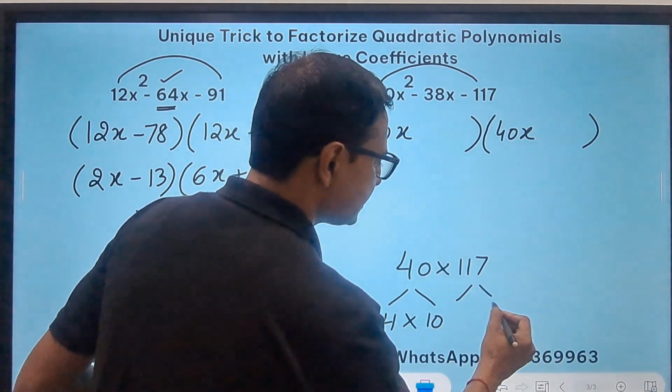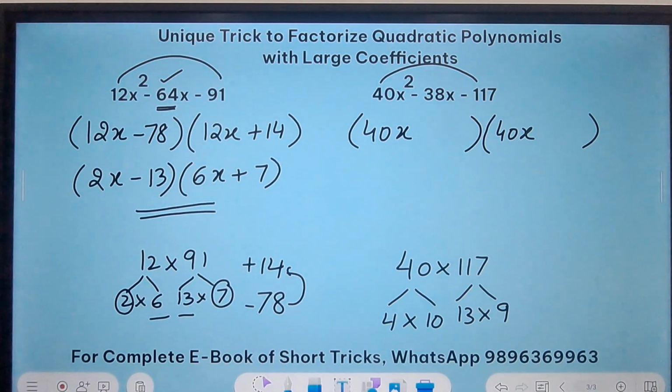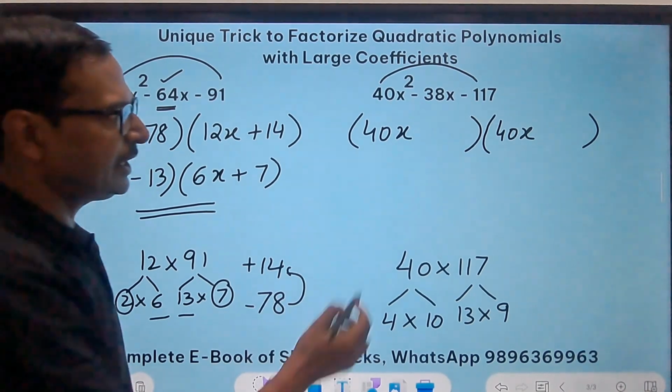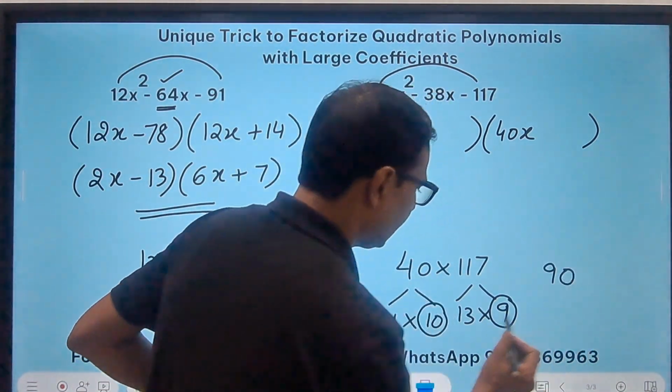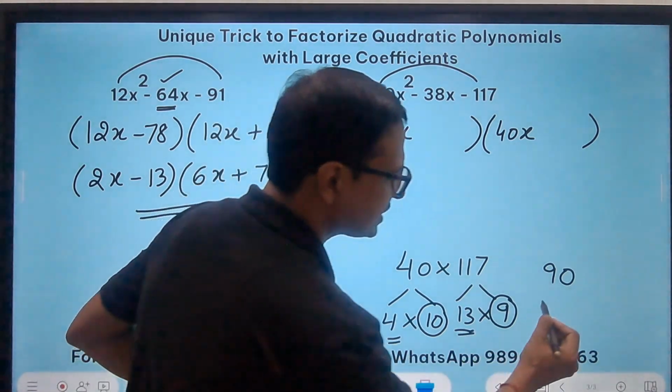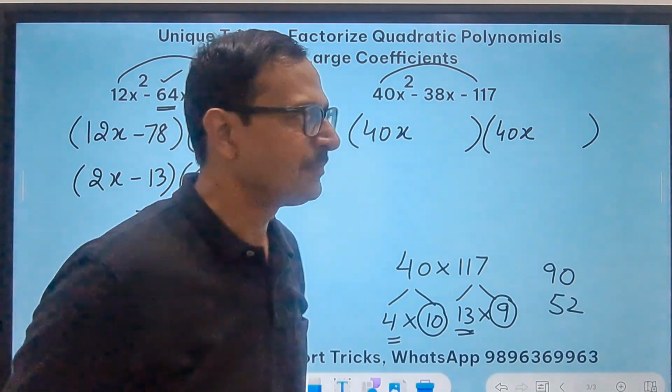And this is 13 times 9. 13 nines are 117. So let's group them now. I need a 38. So 10 times 9 is 90. And 13 times 4 is 52, and the difference between 90 and 52 is 38.